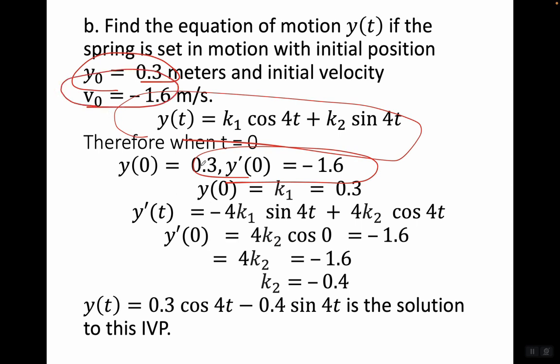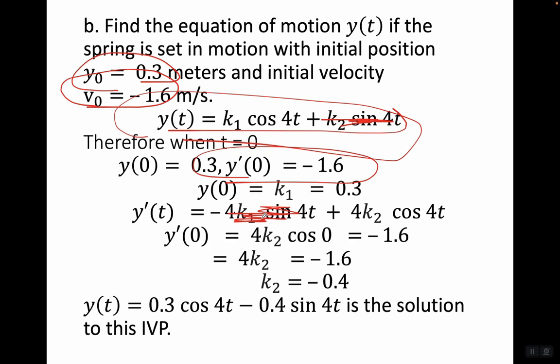Let's plug in 0 into this equation. Okay, y of 0 is just going to be k1 because sine of 0 is 0. So we just get k1, and that's going to be 0.3. Y prime of t, okay, let's calculate the derivative. Y prime of t is going to be negative 4k1 sine 4t plus 4k2 cosine 4t. Plug in 0, and again, sine of 0 is 0, so that's going to drop out.